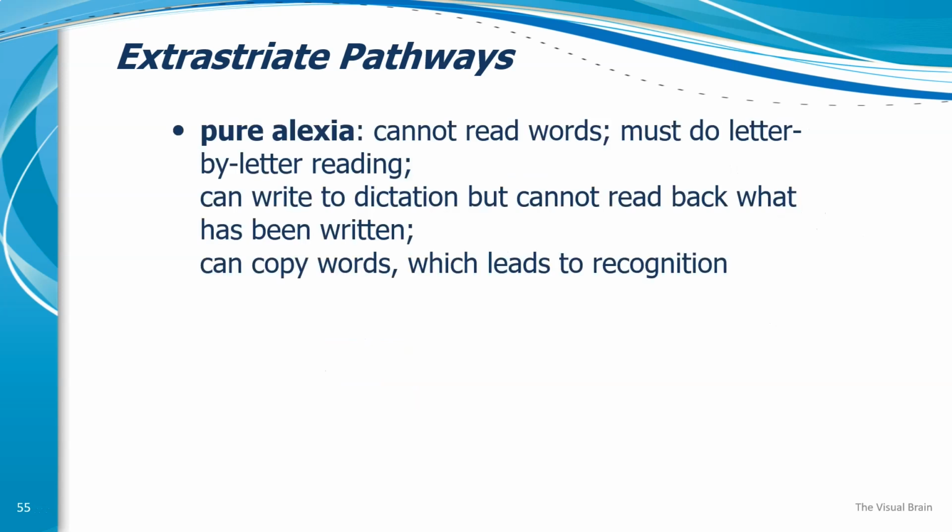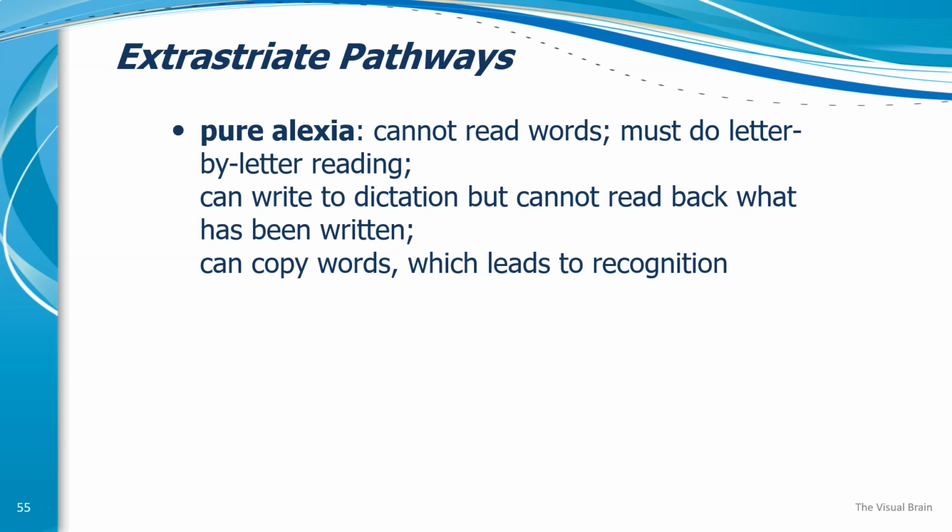Some kinds of visual agnosias affect our ability to read, like pure alexia. So again, the prefix a means not. People here cannot read words, at least not normally. What they have to do is read letter by letter. It takes them a while to figure out the first letter, R. That's like an O or it's an E, and the next one, A. And they have to remember the letters and read in a very painstaking fashion.